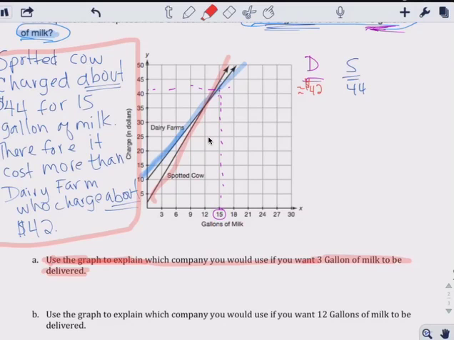No, I want you to use the graph. Show him how to use the graph. Just look at the graph.